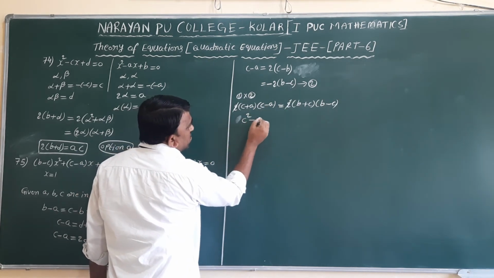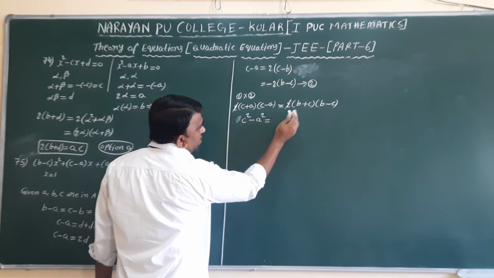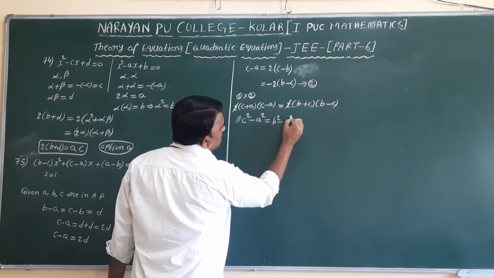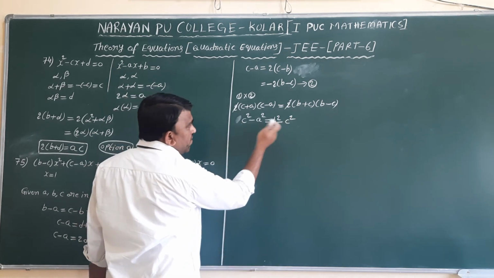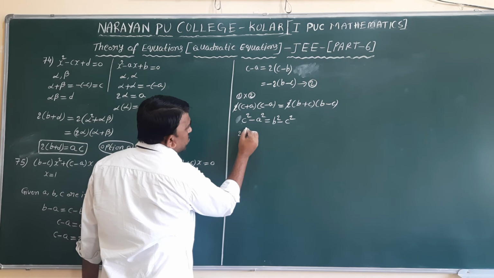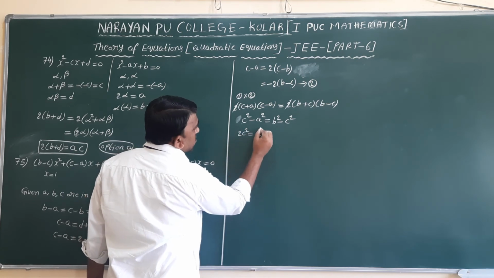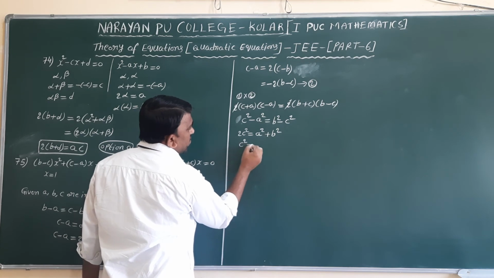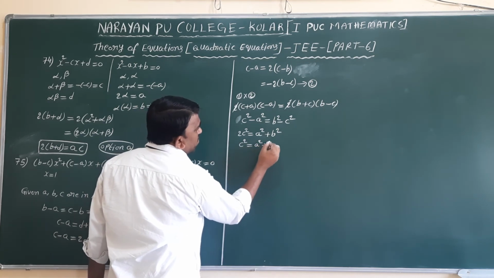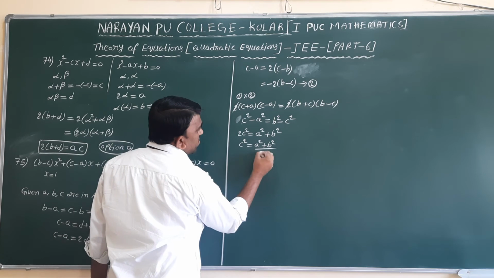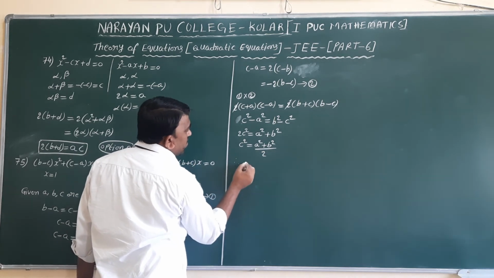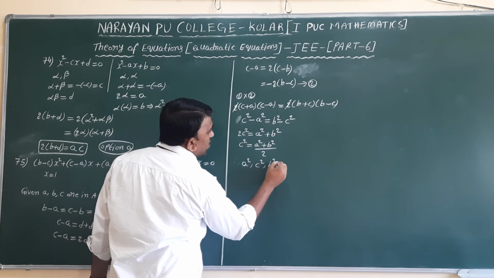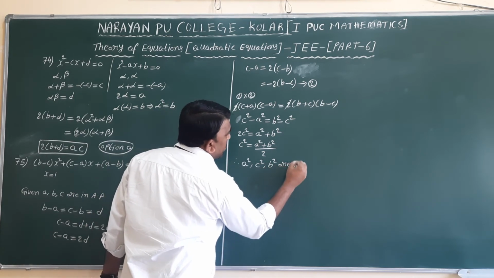It is like A plus B into A minus B, A square minus B square. C square minus A square equals, it is also A plus B into A minus B, B square minus C square. So the c square value sent here, 2c square equals a square plus b square. Then c square equals a square plus b square by 2. Therefore a square, c square, b square are in AP.